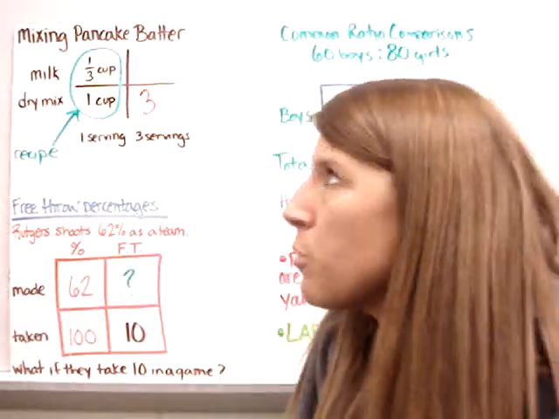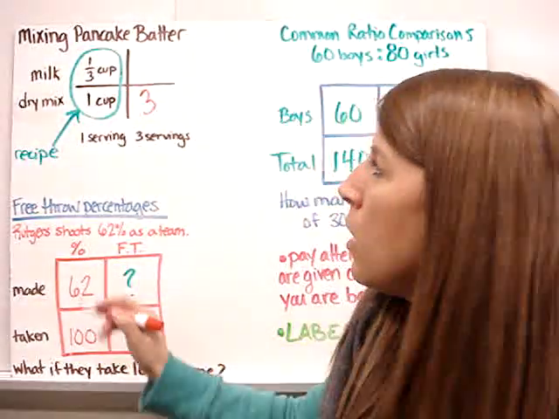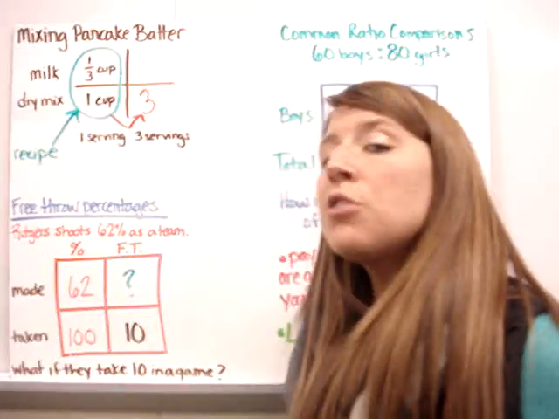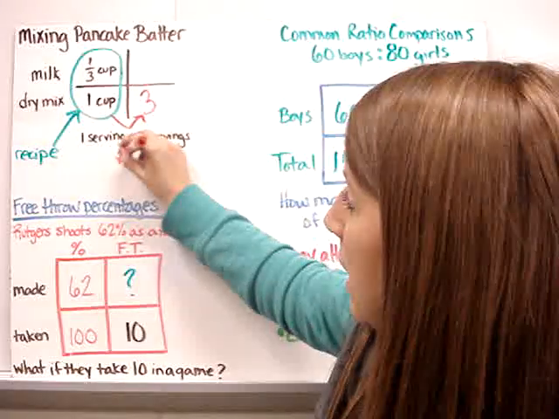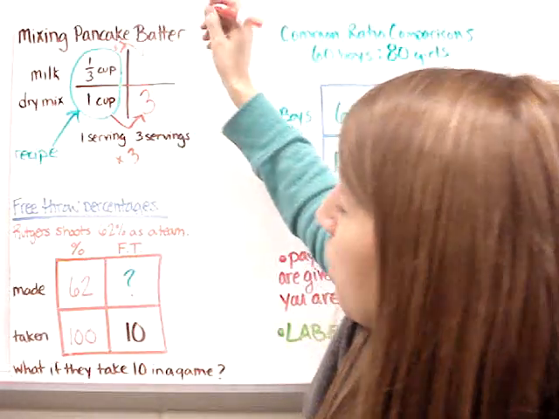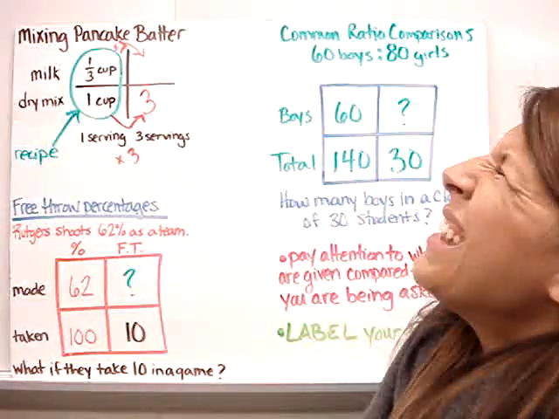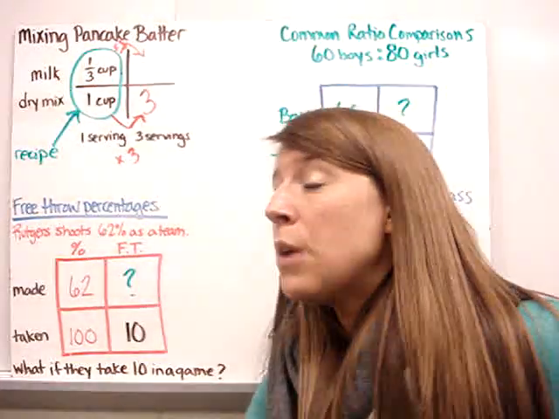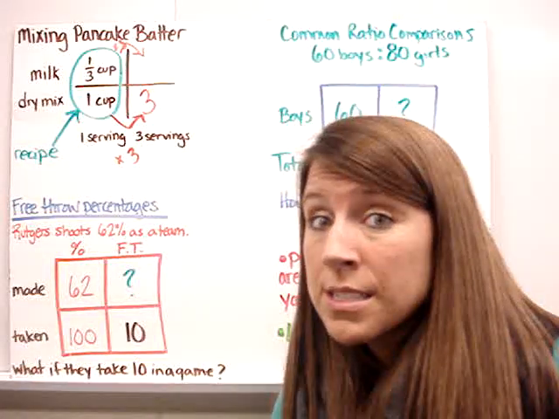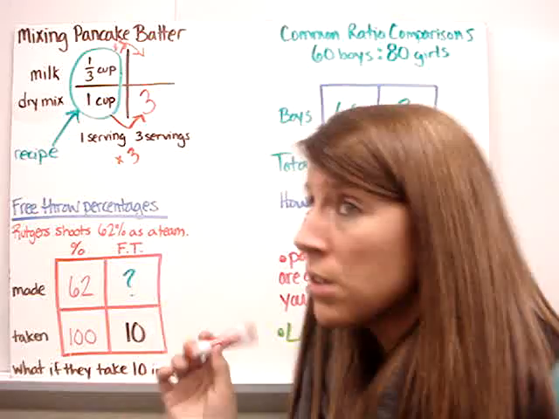So let's look at the relationships, right? Well, from 1 to 3 is a multiplicative relationship of times 3. So if I multiply by 3 going in this direction, I'm going to multiply by 3 going in this direction. And 1/3 times 3, well, think about this. If I have 1/3 3 times, I have 1 whole, yes?